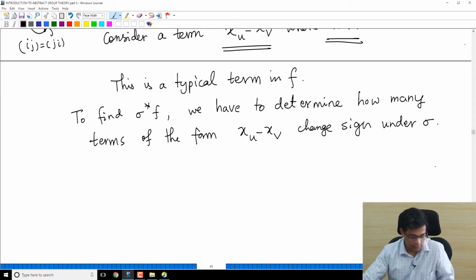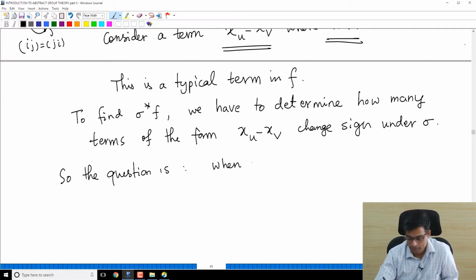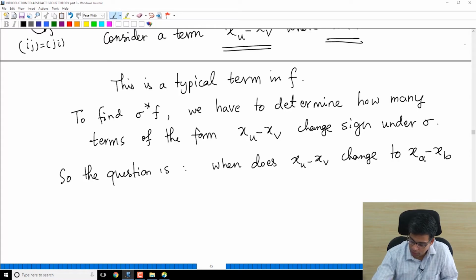So the question we want to address is, when does this change sign? So when does x_u minus x_v, under sigma, change to x_a minus x_b with b strictly less than a?